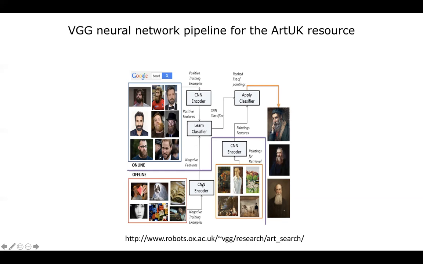Also using, in this case, negative training examples. So in this case, we've given examples, things we're not looking for, to refine the classifier, which it has then applied to the so-called embeddings, the output of the CNN encoding of the Art UK resource, and has returned these results here.